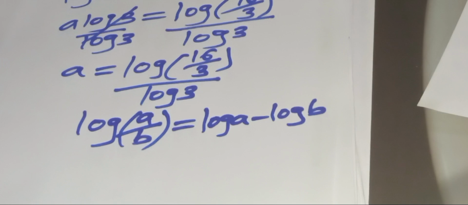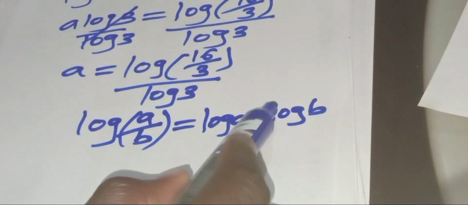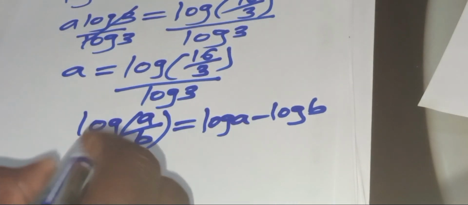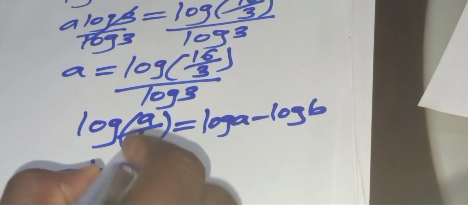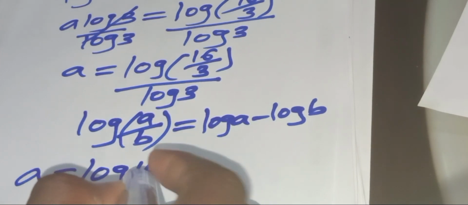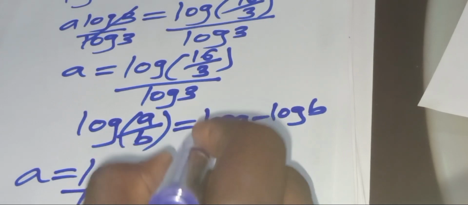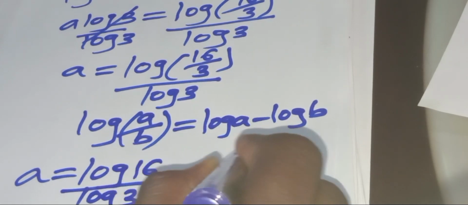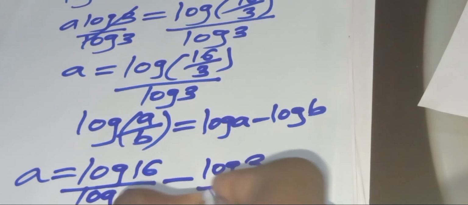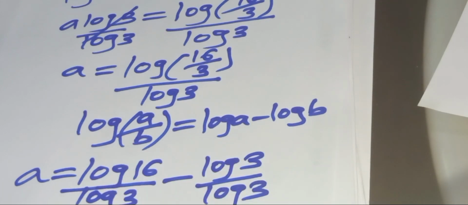Okay? Now let's apply this logarithm property so that we'll have a is equal to log 16, okay? Divide this by log 3, subtract log 3, divide this by log 3.